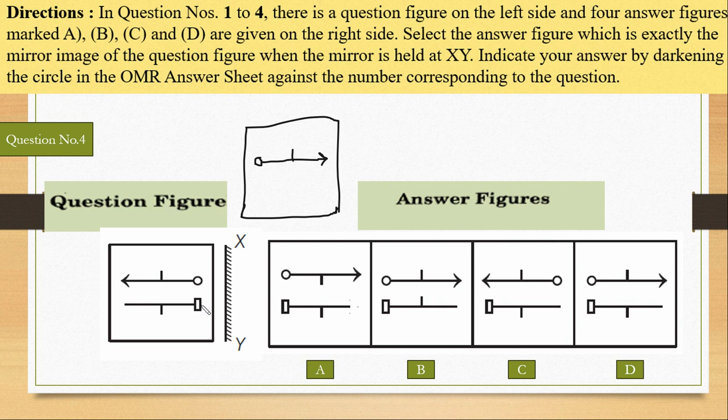Here the right hand side rectangle should appear on the left hand side. This side is nothing, and the downside will not change, it will be as usual in the mirror. Remember that upside and downside objects do not change, it is a constant in the mirror image. So the matching figure for this is option D.